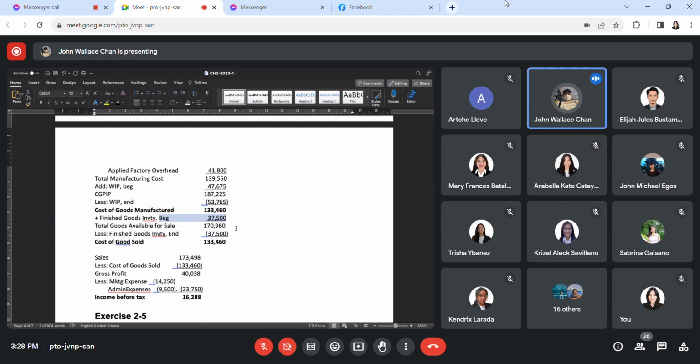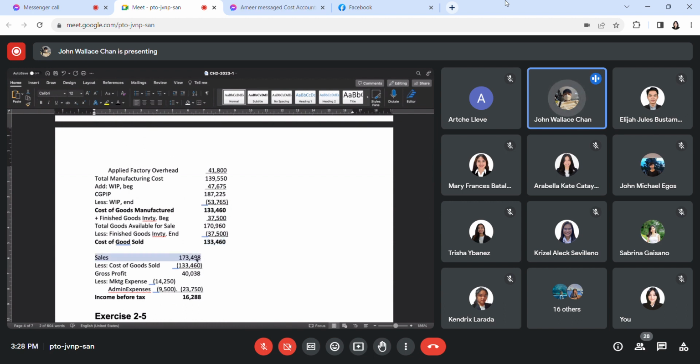Subtract our finished goods ending, which amounted to 37,500 pesos also, which gives us a cost of goods sold arriving at the value of 133,460 pesos.